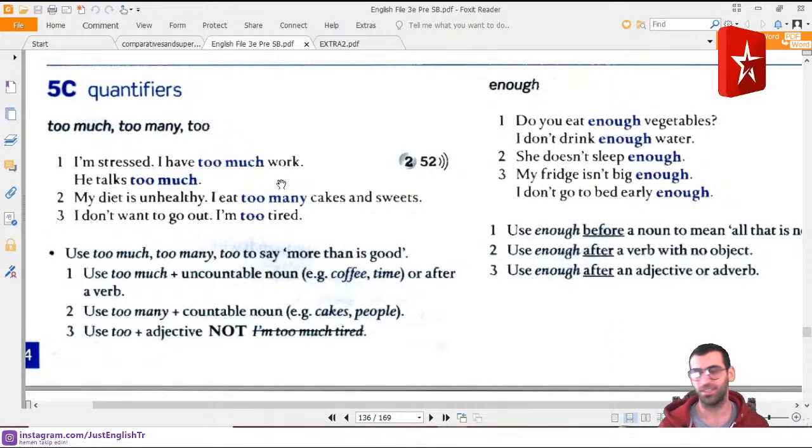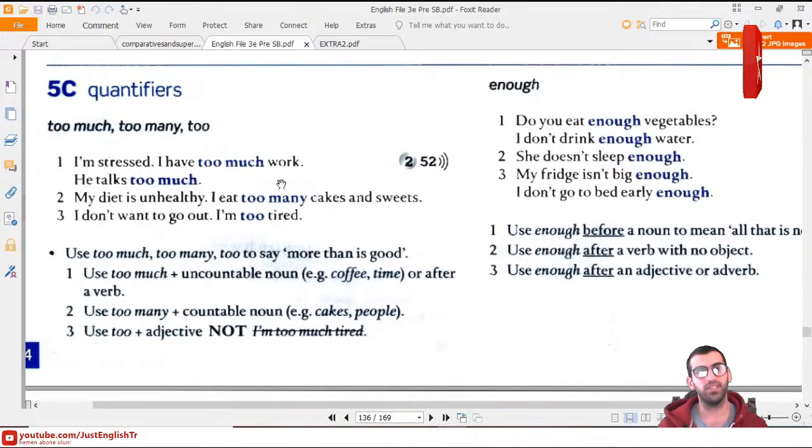I will continue with enough. Don't worry. We use too before adjectives. Too many and too much we use before nouns, but we use too before adjectives. This is English grammar. Too tired, too sleepy, too nervous, too anxious, too boring, too interesting, like this.